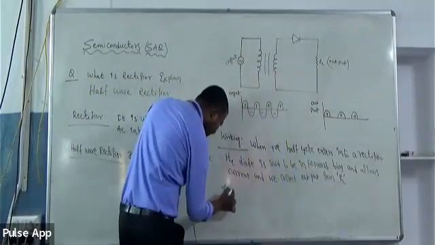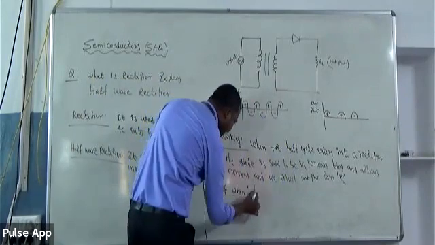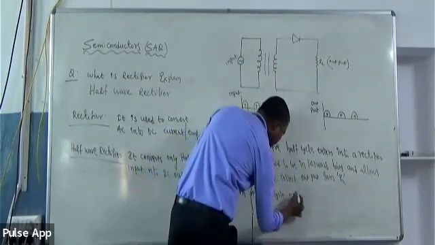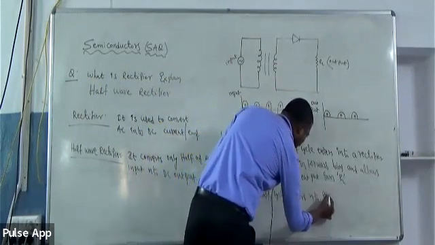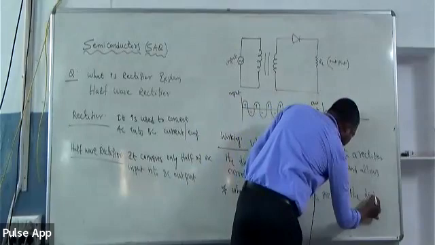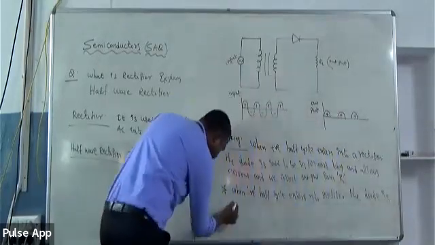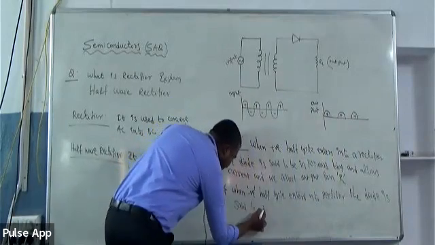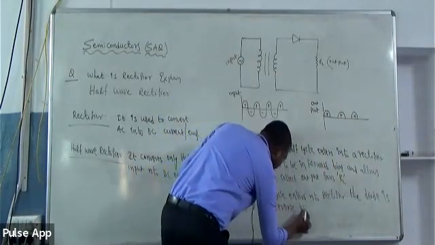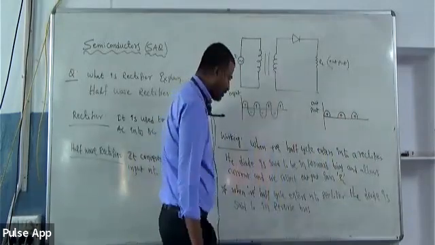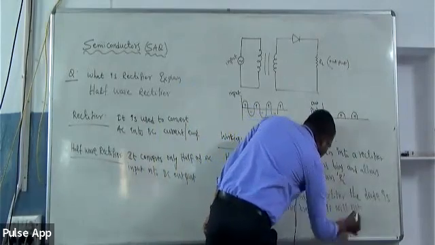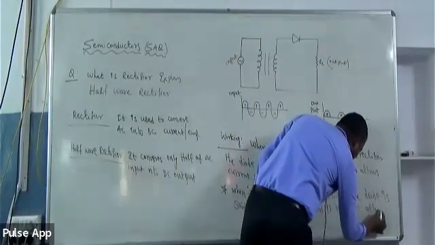So similarly, when the negative half cycle enters into the rectifier, the diode is said to be in reverse bias and it will not allow current.